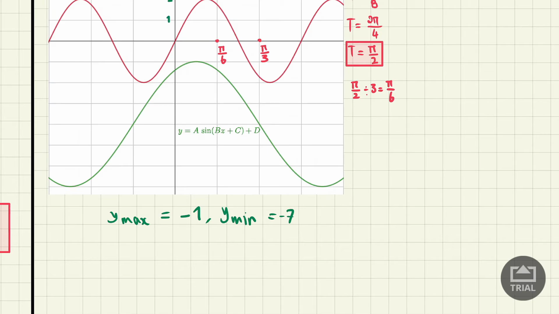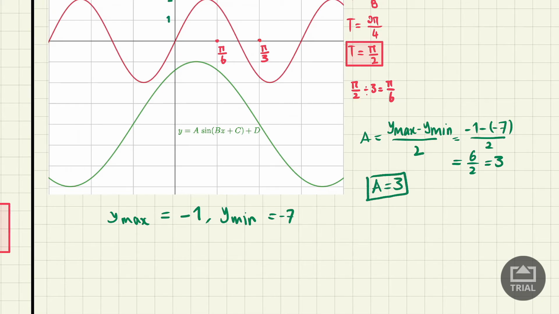And then let me write from here. A is y max minus y min divided by 2. So it is minus 1 minus minus 7 divided by 2. It becomes 6 over 2. It becomes 3. So A is 3. Okay, and then what is D?